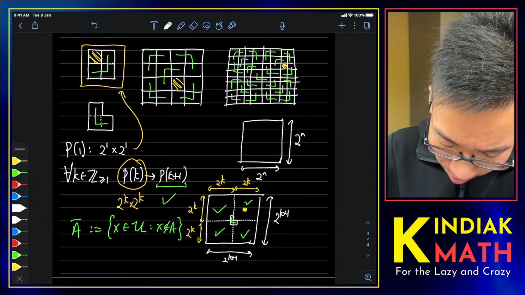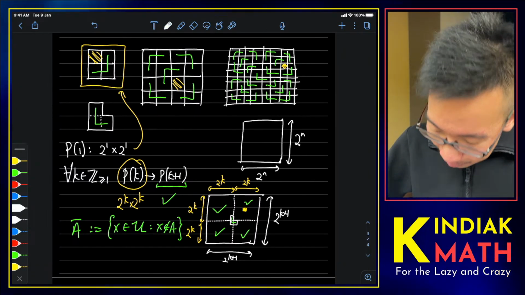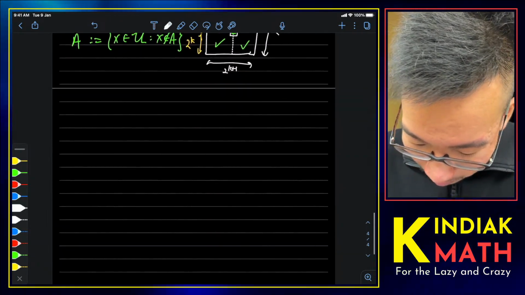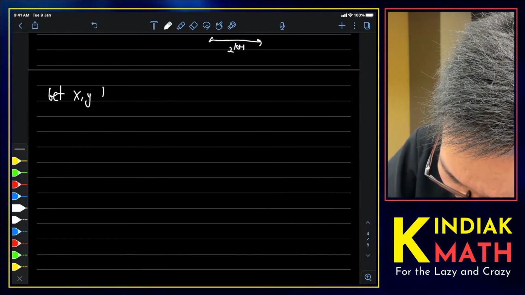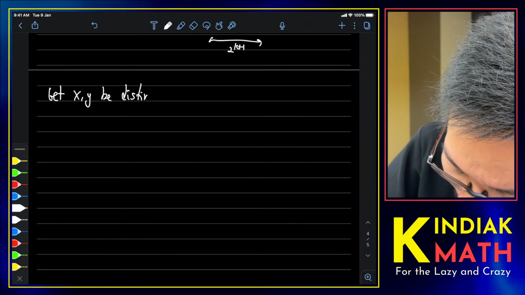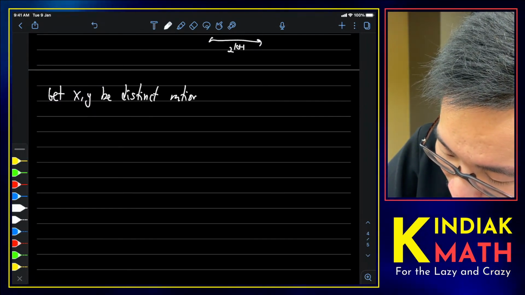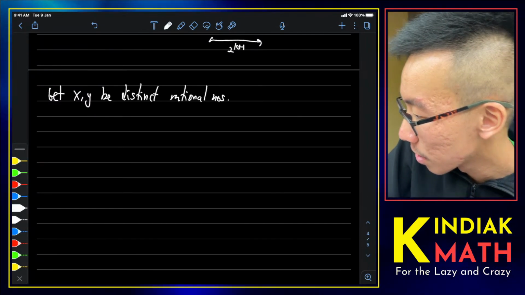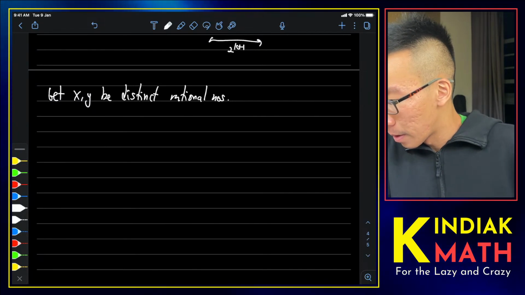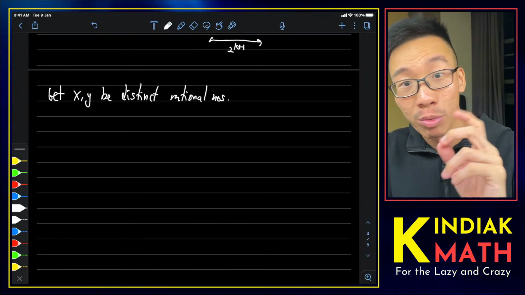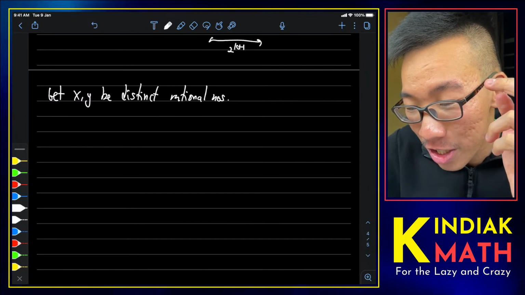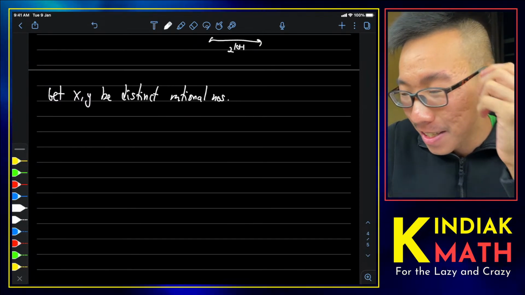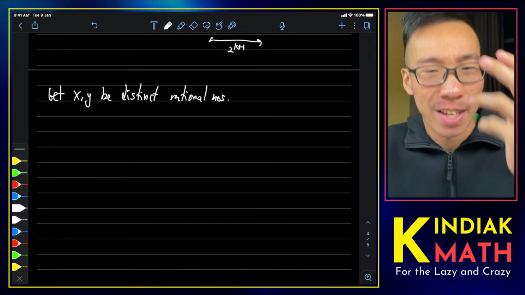Let me give a very quick example over here. Okay, so let x and y be distinct rational numbers. Okay, which notation is stricter? The problem is that the fact that we're thinking about stricter notation implies a sort of misunderstanding of the notation.